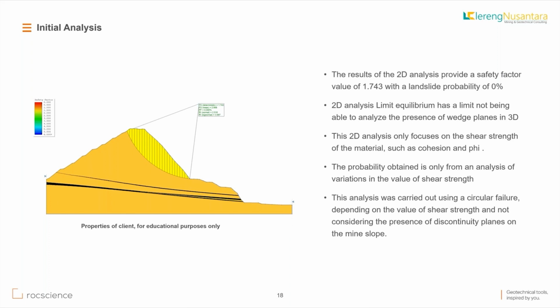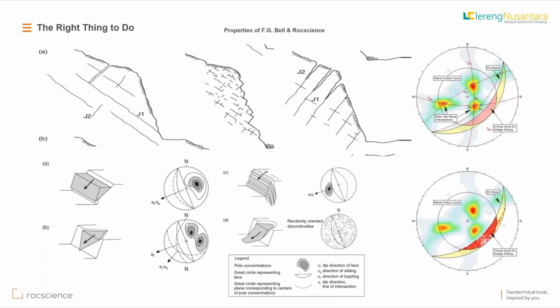Next. We need to understand at the very beginning what kind of failure mechanism we're going to deal with at our mining site. Can this type of failure mechanism be analyzed using only 2D? Is it really enough using 2D analysis? Or you might deal with 3D problems, like these wedge failure mechanisms.